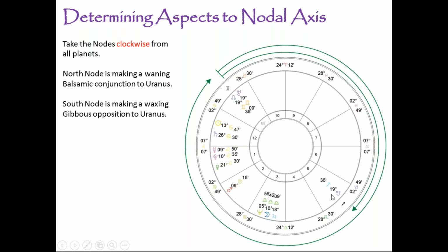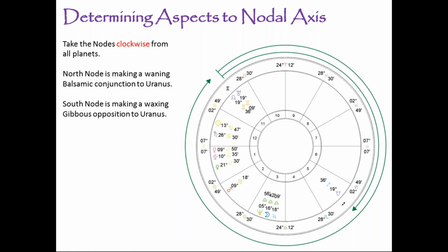If it was 19 degrees and 9 minutes, it'd be an exact opposition to Uranus. If it was 18 degrees Sag, it would be a full phase opposition to Uranus. If we start with Uranus and go the outer circle around the zodiac, the north node is making a balsamic conjunction to Uranus.